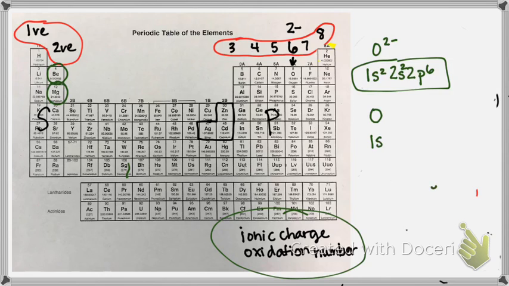Normal oxygen looks like this: 1s2, 2s2, 2p4. But once an element chemically bonds and either loses or gains or shares electrons, it gets a new electron configuration known as its ionic electron configuration. So we're talking about how once elements become charged and lose or gain electrons, they become ionic. They become ions. And we will pick up on that this week and today.